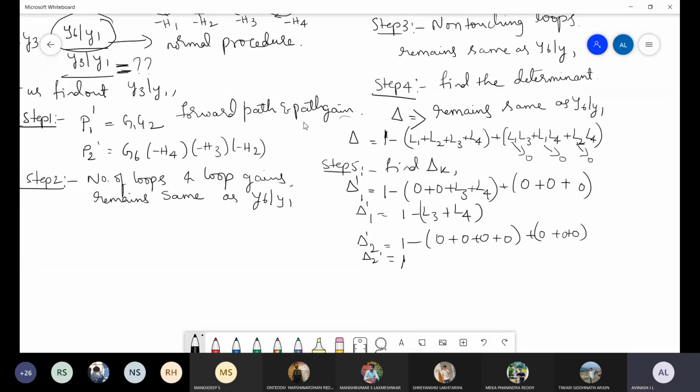Once we get the delta 2 dash value equal to 1, we need to find out Y3 by Y1 using the Mason's gain formula.